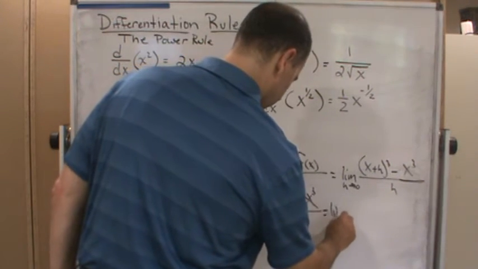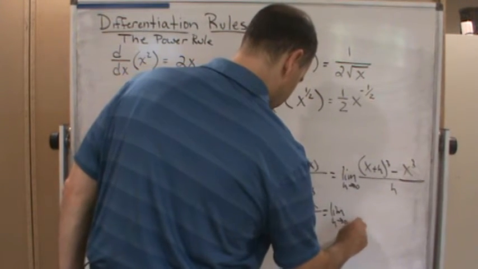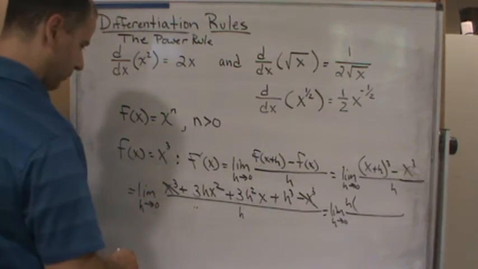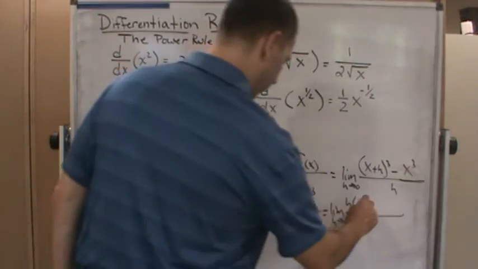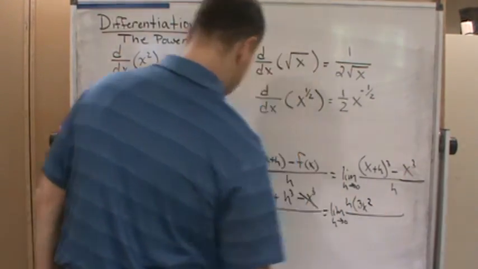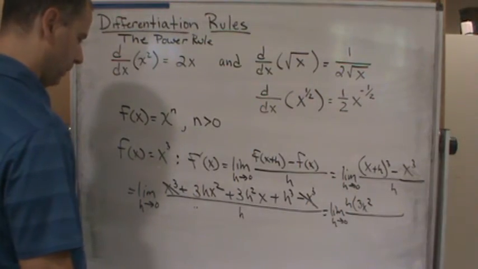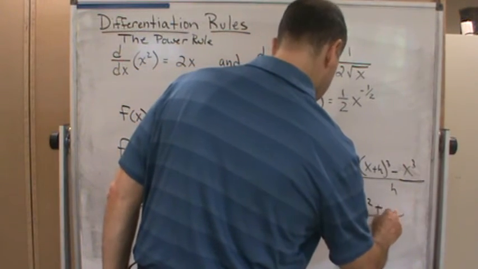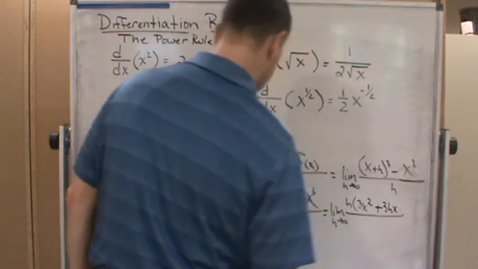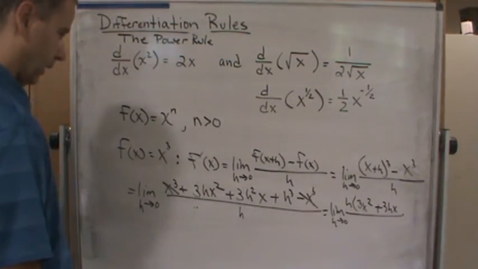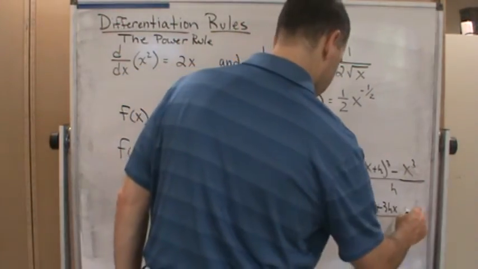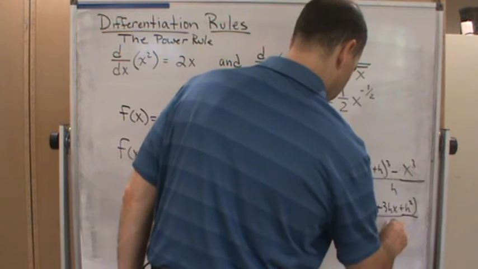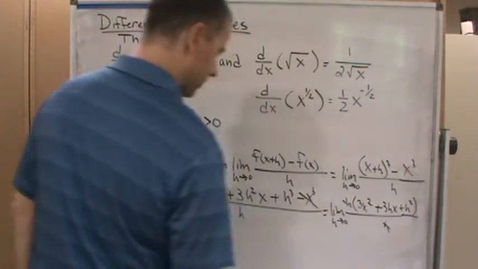So this is going to be the limit as h approaches 0 of h times 3x squared plus 3hx plus h squared, over h, and the h's cancel.